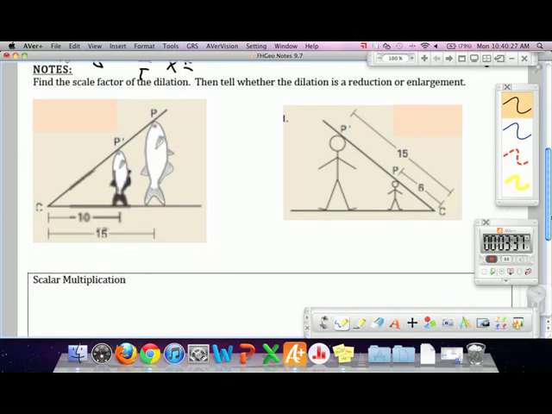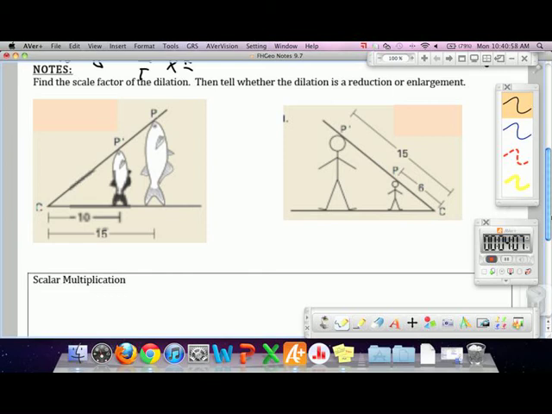Okay, as we said, a dilation is any transformation where we zoom in or zoom out based on a certain point. Dilations change the size of an object by a scale factor. Looking at these two drawings, in the first one, is this dilation going to be an enlargement or a reduction?